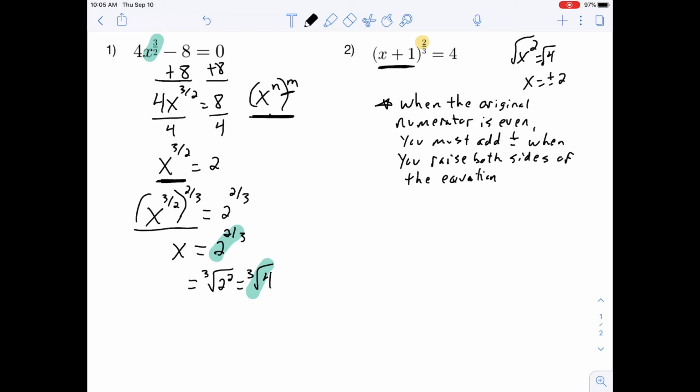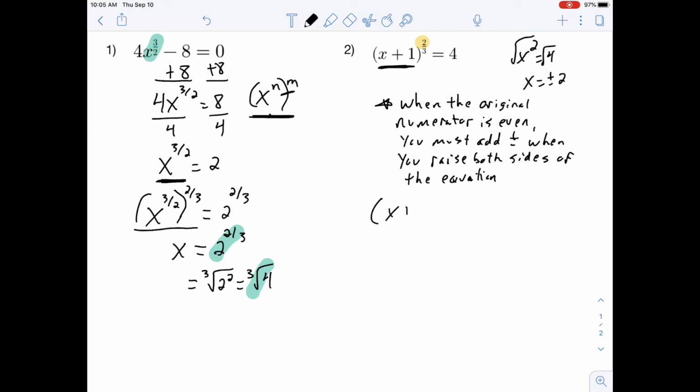I know I took the time to write that out in the video, but I wanted to make sure you understood that. Again, if the original numerator in the rational exponent is even, you're going to have to add a plus or minus when you raise it to the reciprocal power.